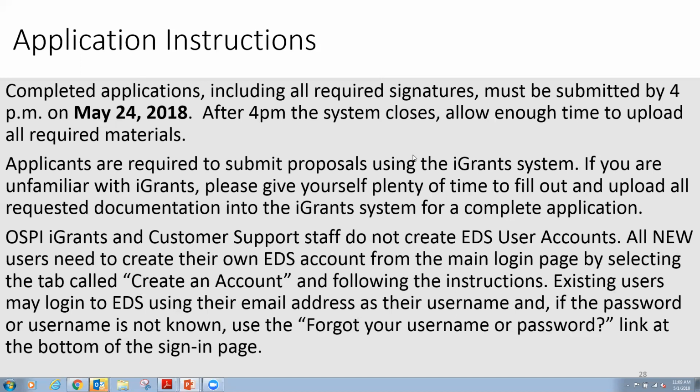It would be helpful if you had Title I participating, but Title I eligible is okay. That's not going to disqualify you from applying. It's just you won't get those additional priority points.